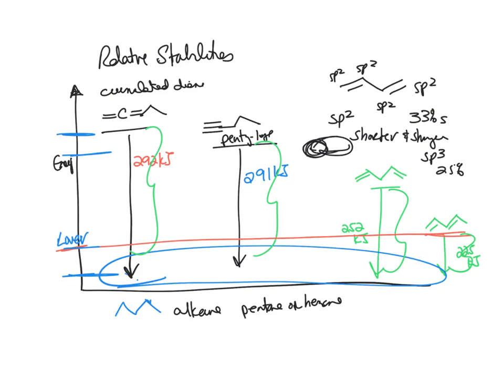Now, what's happening on a molecular orbital concept is if you look at a molecular orbital diagram. So let's look at the MO, which is molecular orbital diagram of, let's do the butadiene. And I want to show you how to do this.